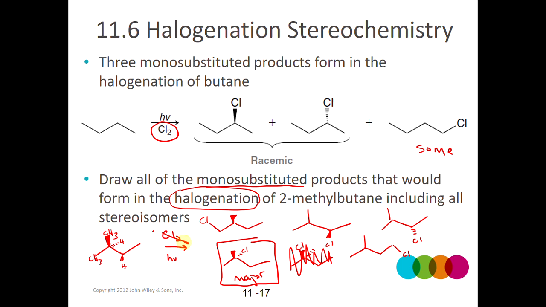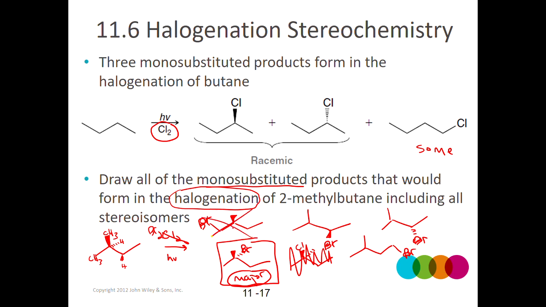If I were dealing with bromine, so imagine each one of these chlorines now is a bromine, now I'm in good shape, because as we said, the pathway for bromine that goes through the tertiary free radical is going to be much more stable than a primary free radical or even a secondary free radical.